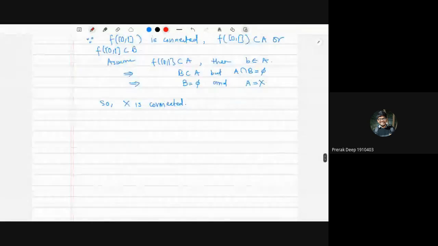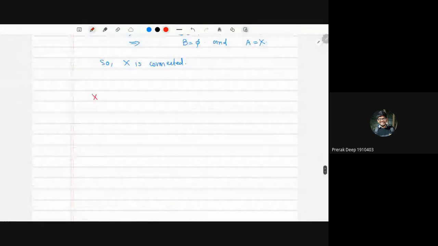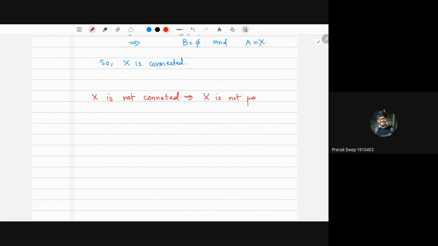So if x is not connected, this implies that x is not path connected, right?